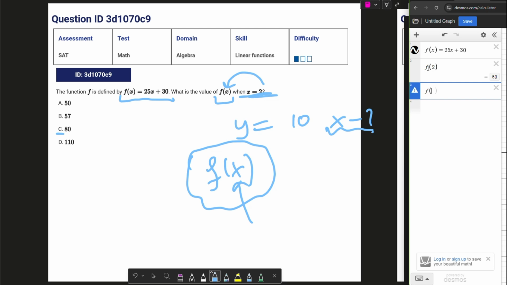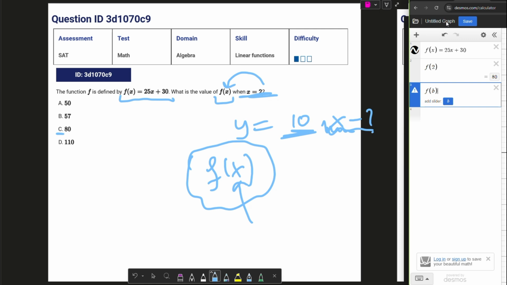Let's just pick, I don't know, the letter B. Doesn't matter which letter you pick. And let's close the parentheses.